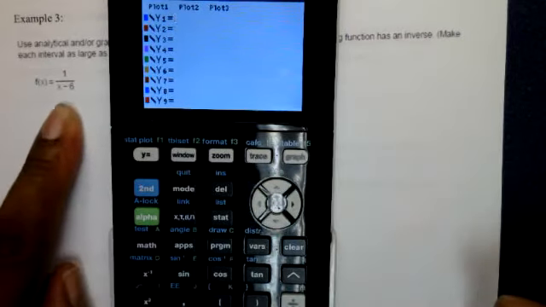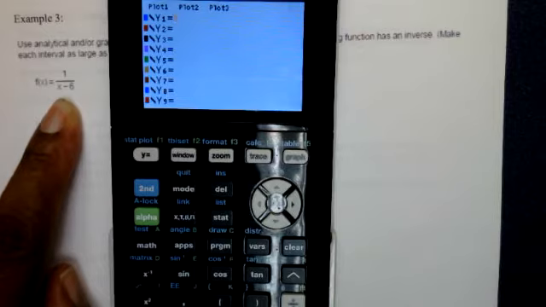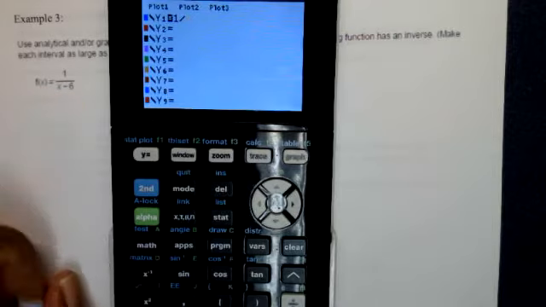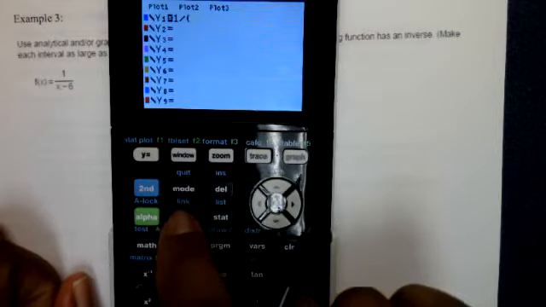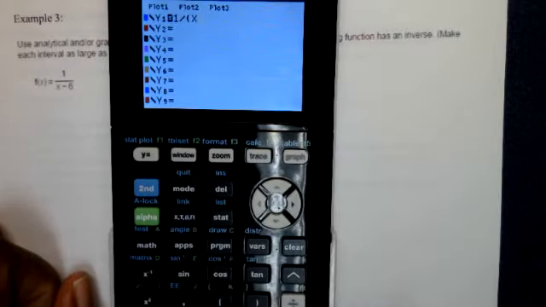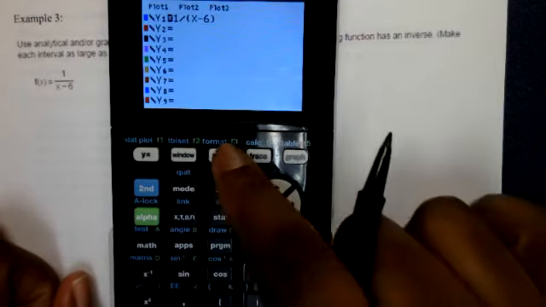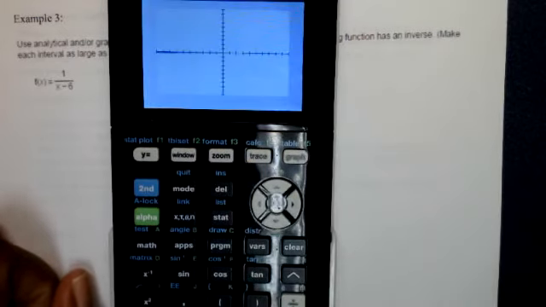In y1, I'll type in the number 1 divided by, and put the x minus 6 in parentheses. So I'm going to do left parenthesis, get the x, minus 6, close parenthesis. And then I'm going to do zoom 6. Okay, and that's what the graph would look like.